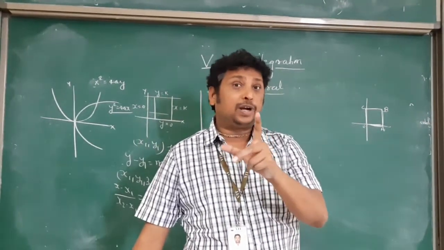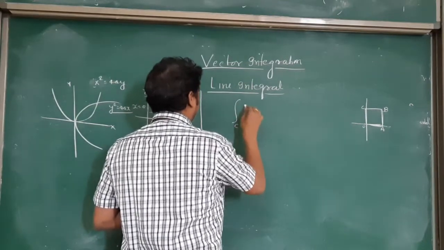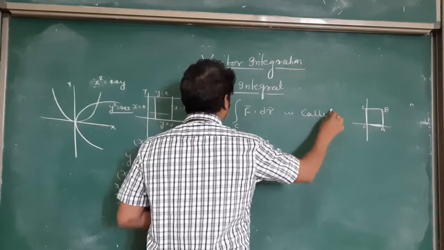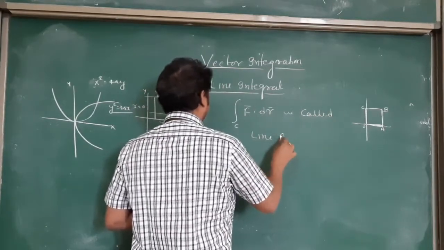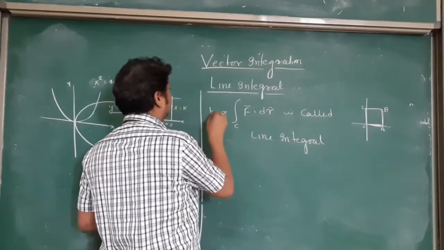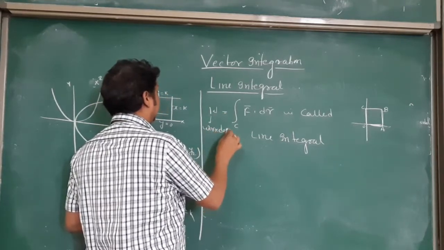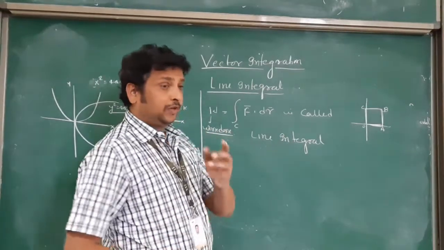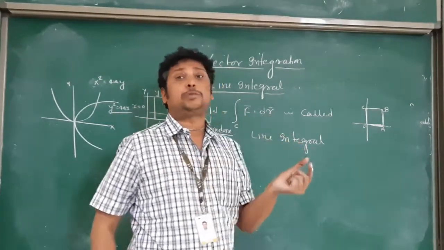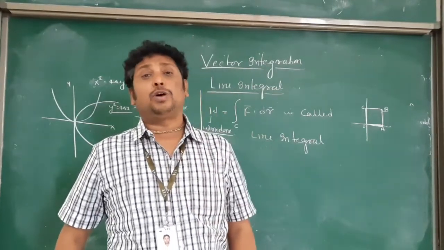Now I am going to explain what is line integral. See, the integral of f dot dr is called line integral. Sometimes line integral is also known as work done, because if you remember, f represents force and dr represents displacement, so f dot dr represents work, and when you integrate you are finding the sum.